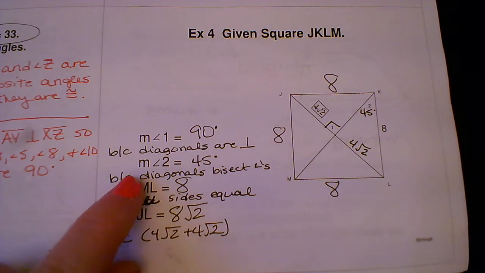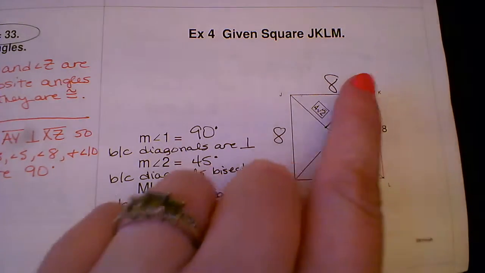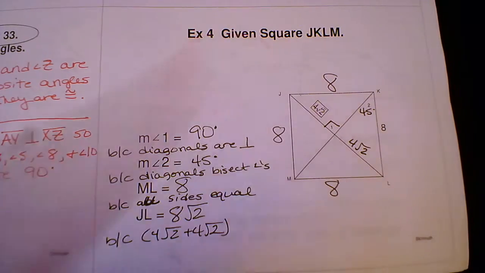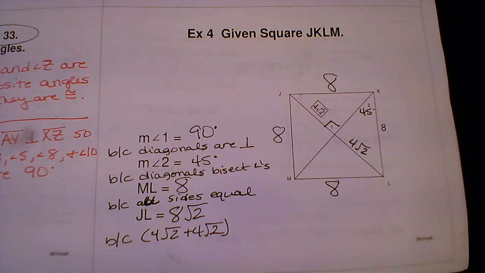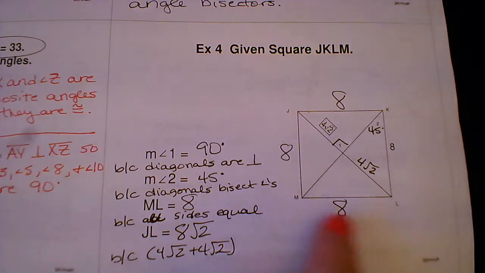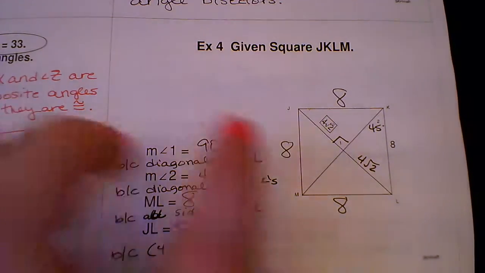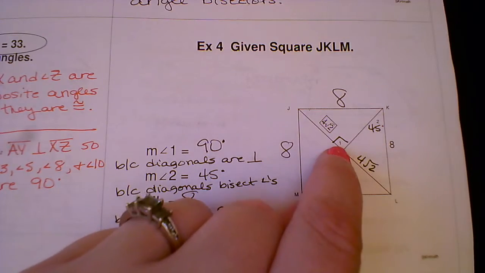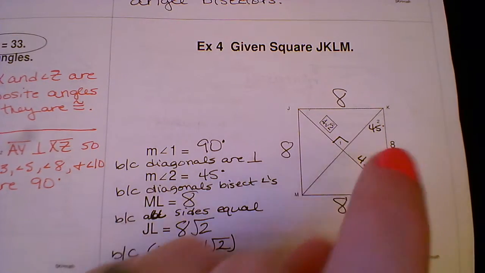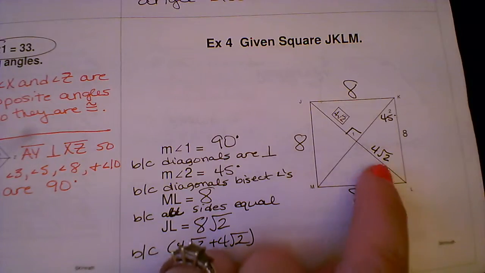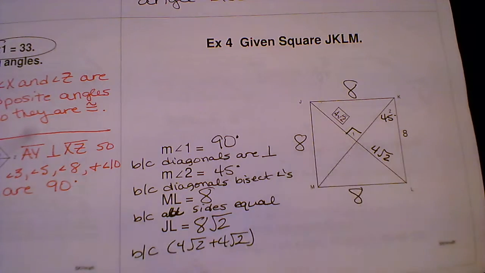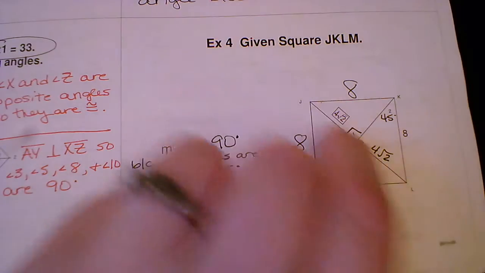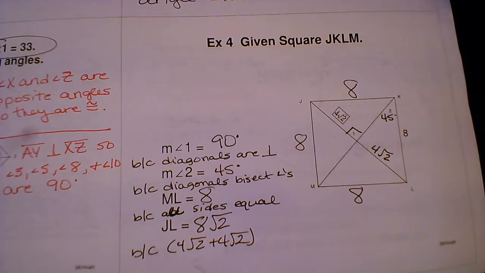We know that ML is equal to 8 because all sides of a square, since we're given it was a square, are congruent. We were given that KL is 8, so all the sides are 8. And this piece of the diagonal here was 4 root 2. Because the diagonals bisect each other, we know the other piece is 4 root 2. Then we just add those together to get JL, which is 8 root 2.